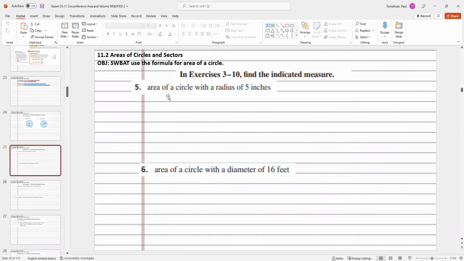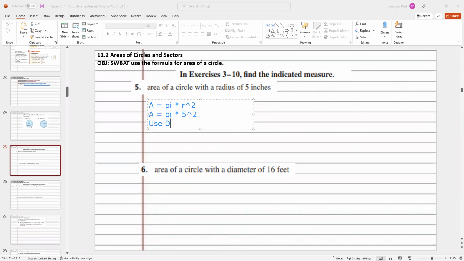All right, here we have the area of a circle with a radius of 5 inches. So sometimes you'll see test questions like this where they don't give you a picture. So they do give you the radius. So you just use that formula, area equals pi r squared. So area equals pi times 5 squared. That squared is 25.